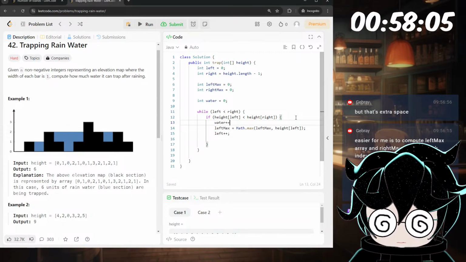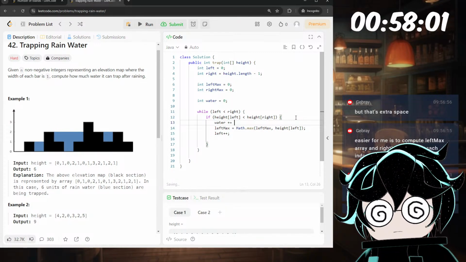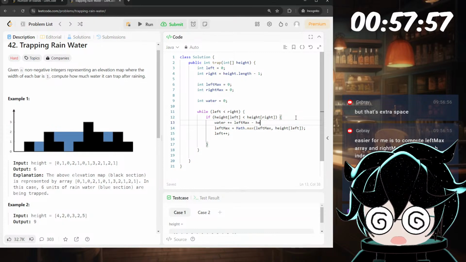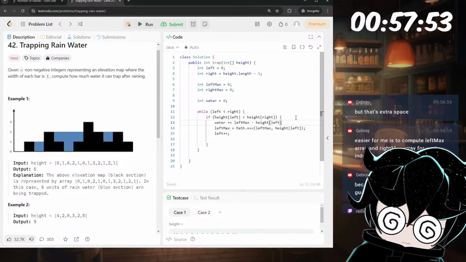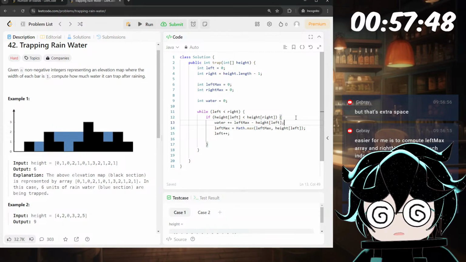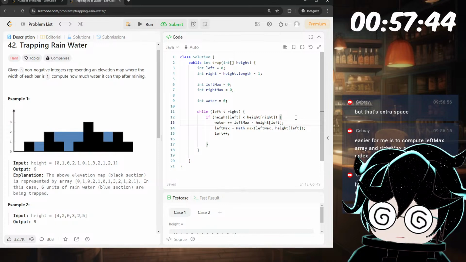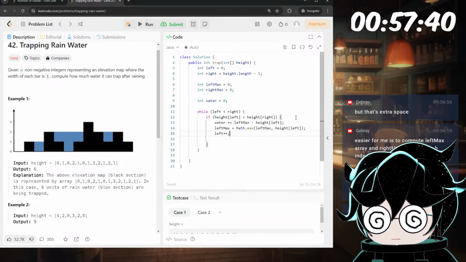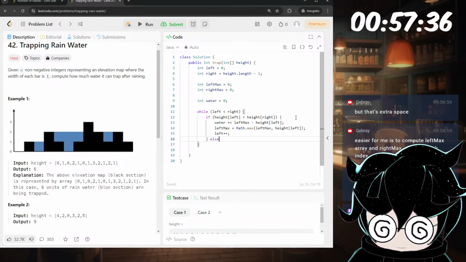Water plus equals left max minus the current height. Okay, I feel like that's okay.